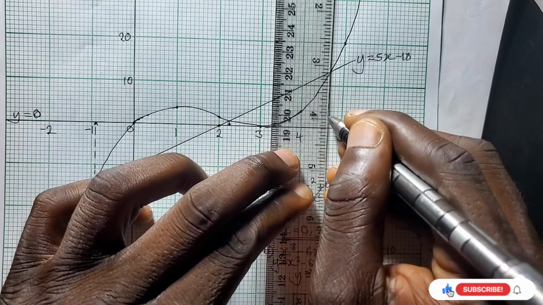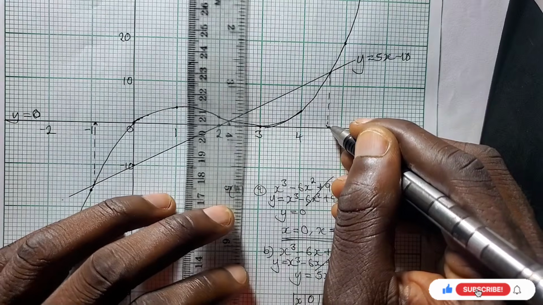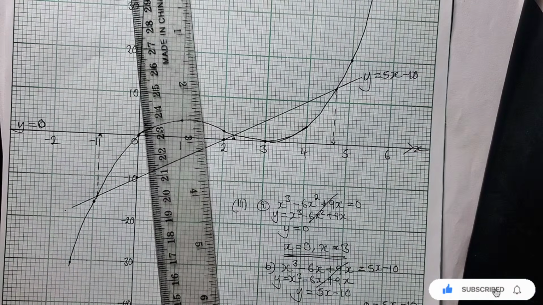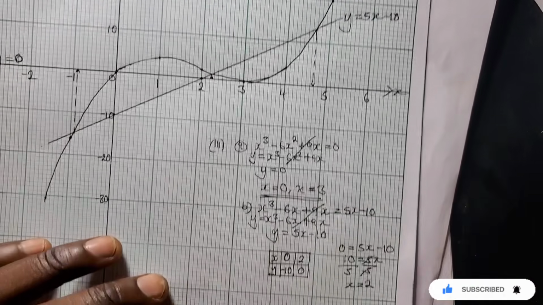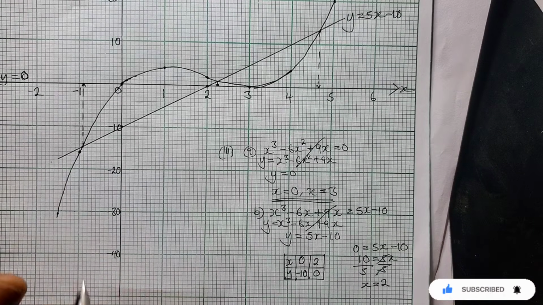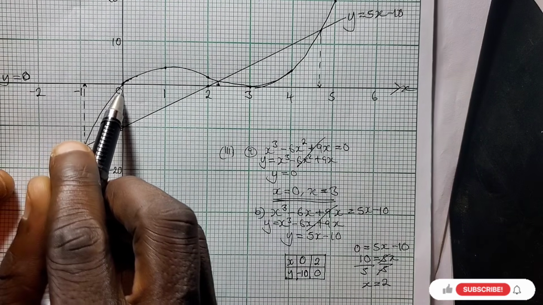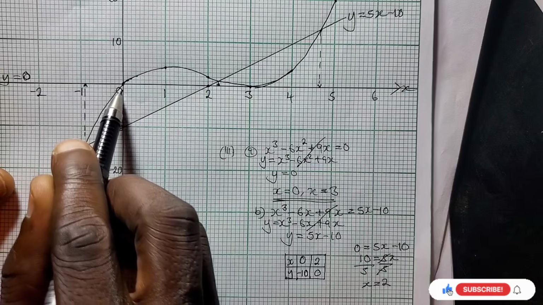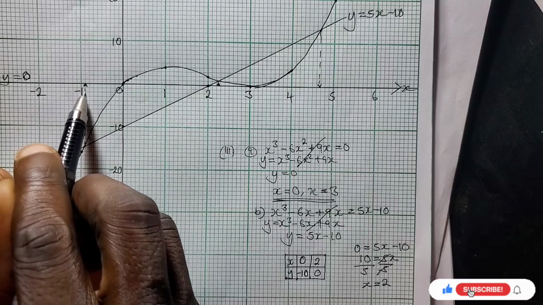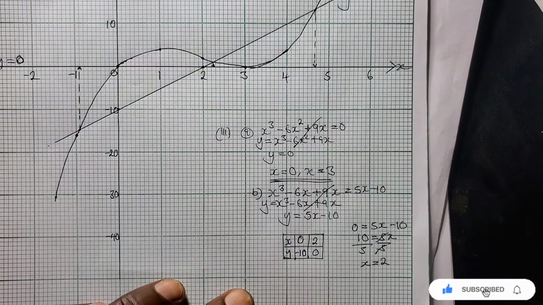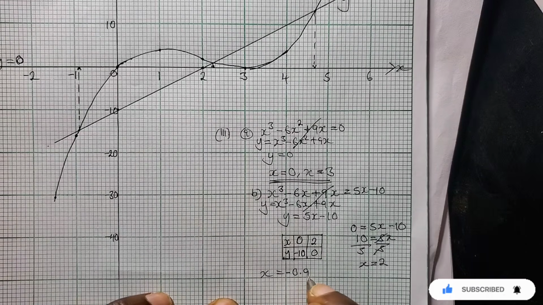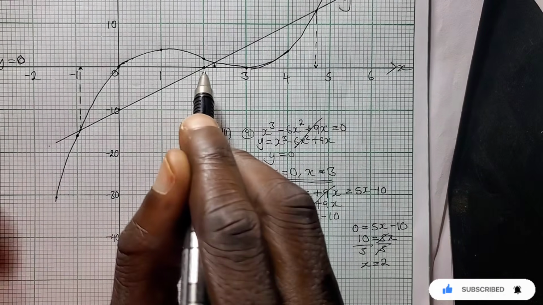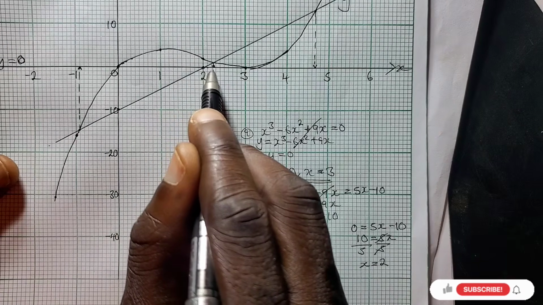You should be solving together, so I hope you have this question paper so that we are solving together. So now we have 3 solutions. Number 1, this is negative 0 point something, so this is negative 0.9. So x therefore is equal to negative 0.9. How about here, 2.1, 2.2.